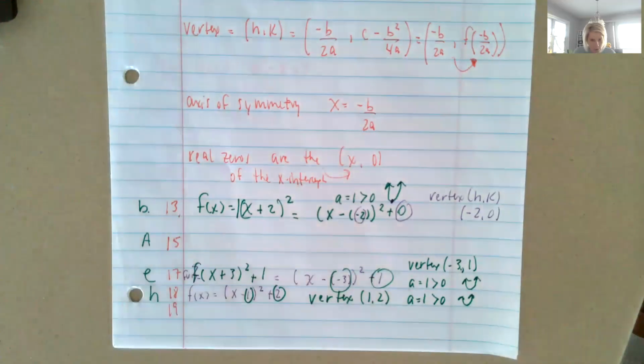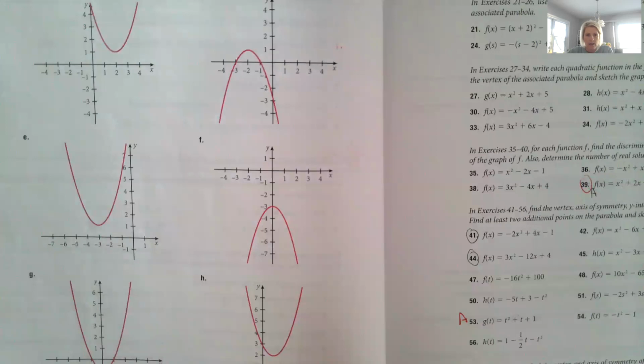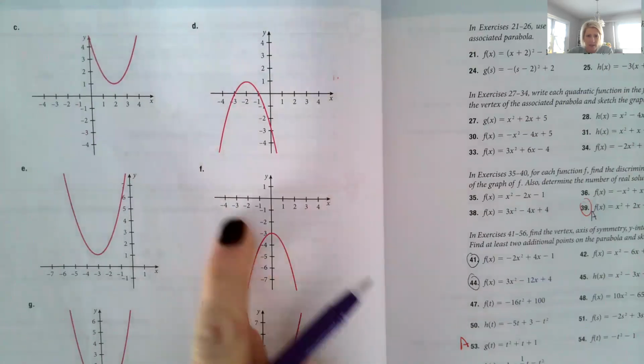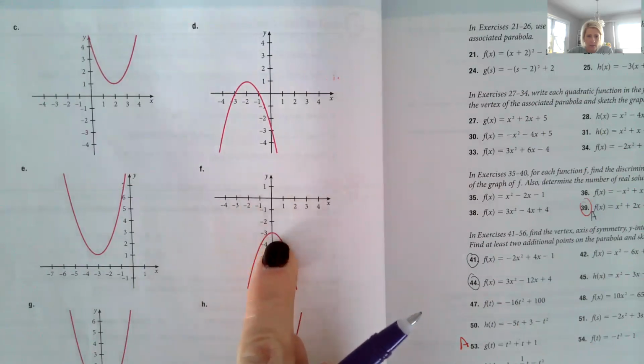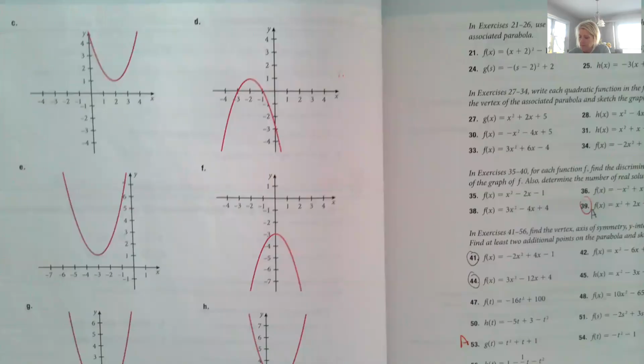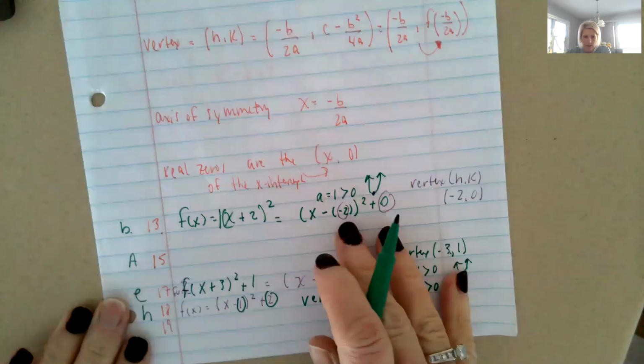So, let's look at our picture choices. So we're face down, and this D is left and right shifted, and they said face down and shifted down 3. There it is, letter F. So 19 is F.